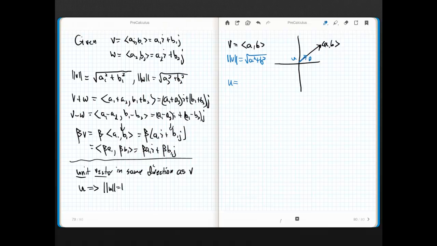So if I want to turn v into a unit vector, now I'm going to change notation. I'm going to call this ai plus bj. Then I take a and divide it through by the square root of a squared plus b squared, and I'm just thinking of that as multiplying through by a scalar, plus b divided by the square root of a squared plus b squared j.